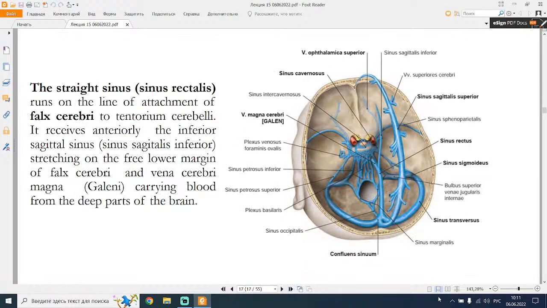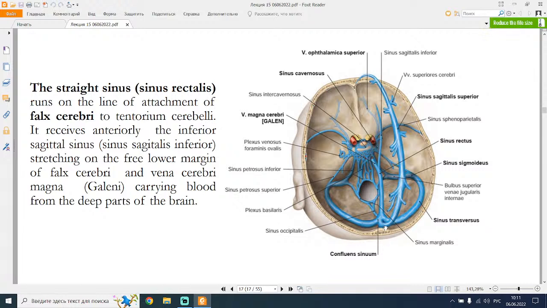Next, the straight sinus, sinus rectus. Sinus rectus runs on the line of attachment of the falx cerebri to the tentorium cerebelli.